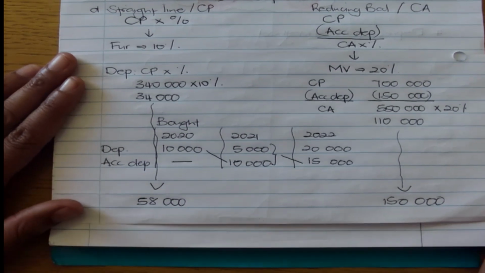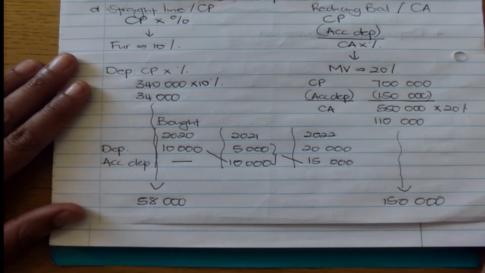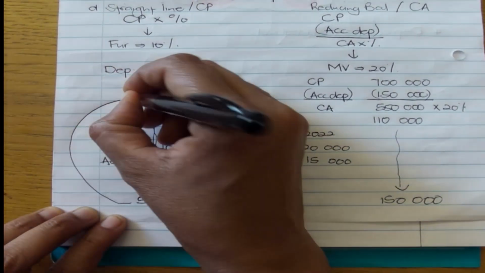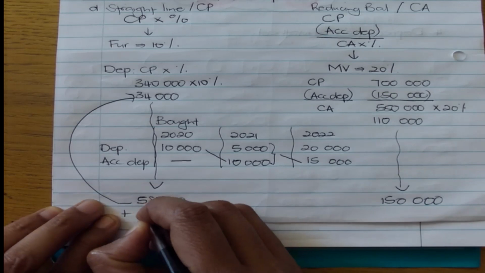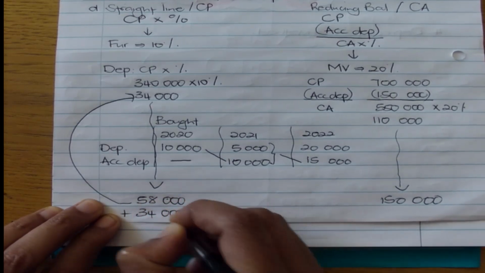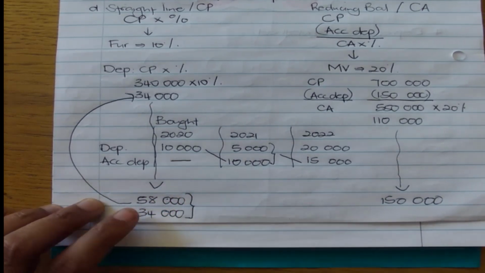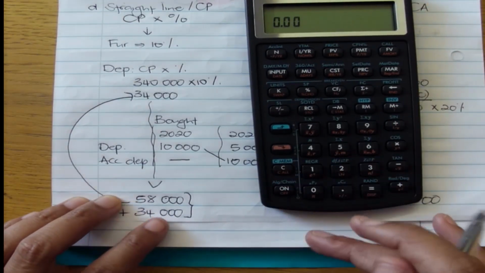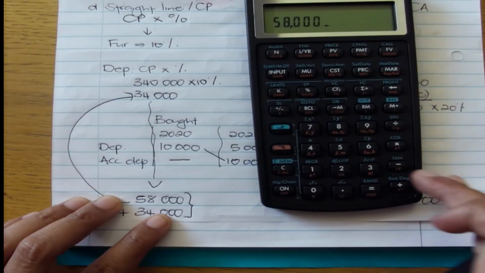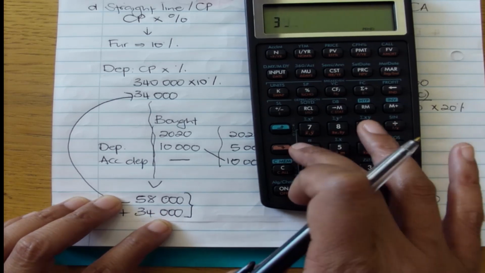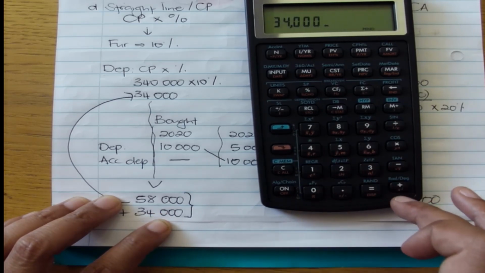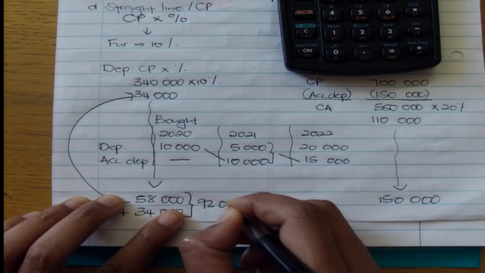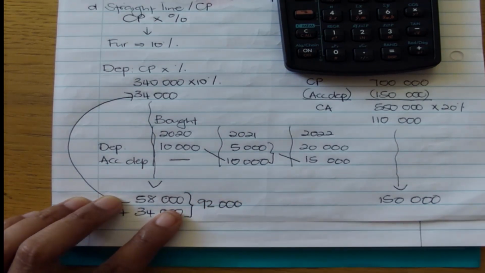So what will my new accumulative depreciation be? It will be the 58,000 plus depreciation of the new year. So my new accumulative depreciation will then be 58,000 plus 34,000, 92,000. And this is what I'm going to use in my statement of financial position.